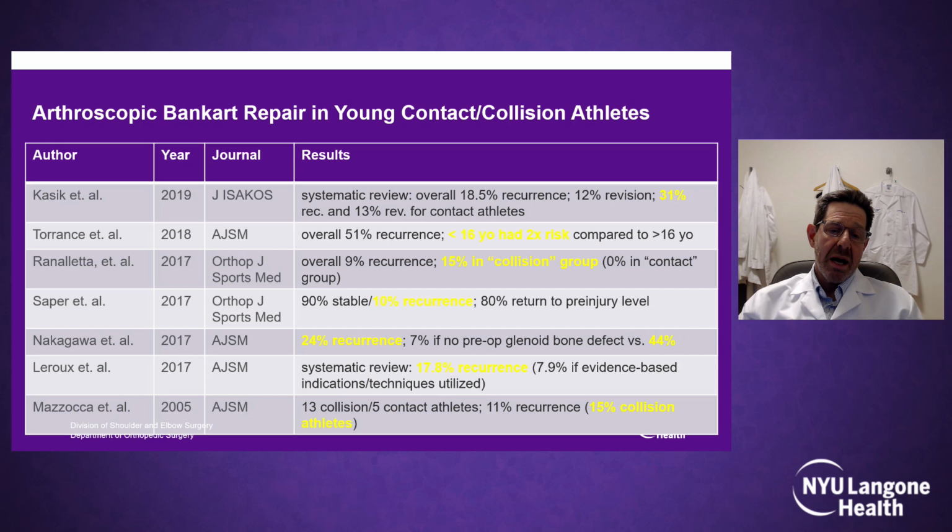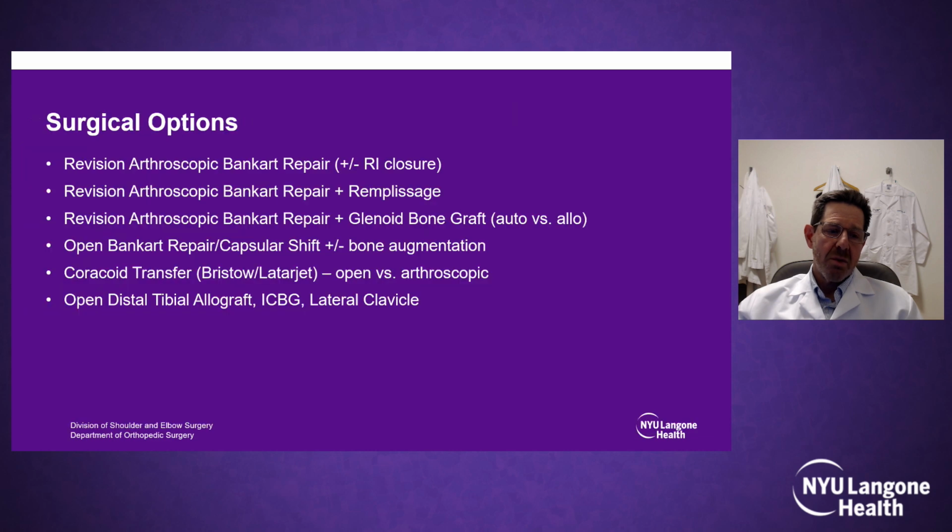So I'm not sure that this was technical. I think that there were patient factors from a contact athlete standpoint, young age, and all the other risk factors that were discussed previously. The question is what to do now.